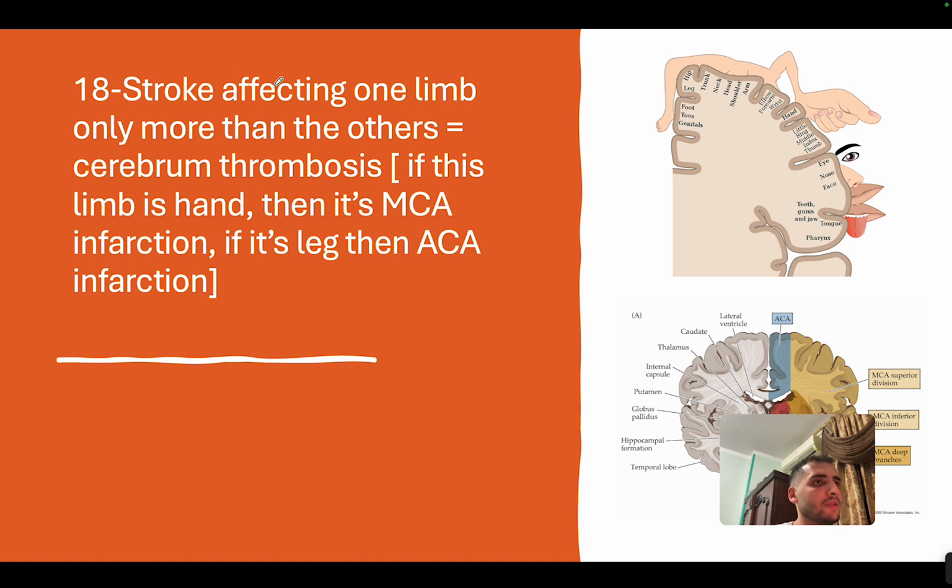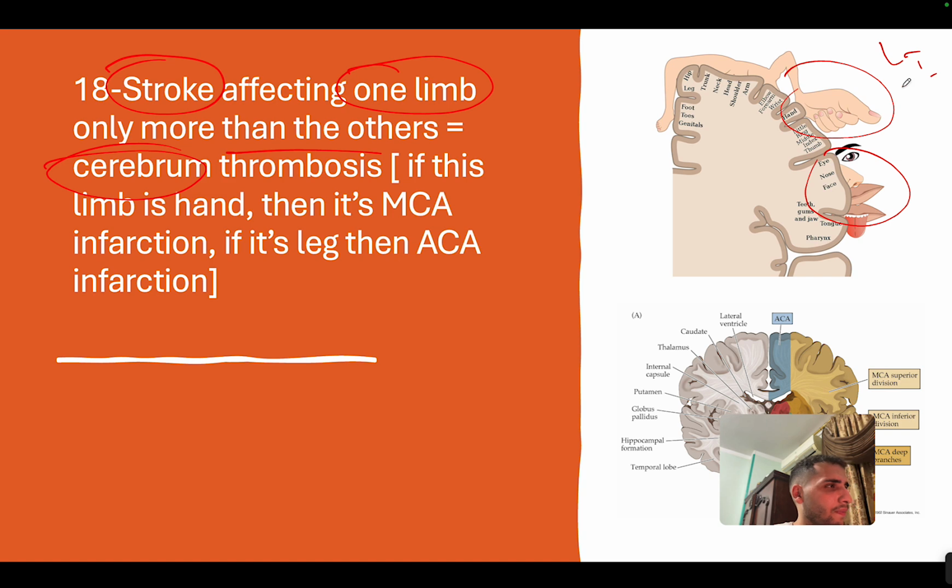The next concept is when you see a person having a stroke, and this stroke is affecting only one limb more than the other one, then you know that this stroke most probably happened in the cerebrum, okay? Because of the way the cerebrum is formed, this is the homunculus here, and usually the face and the arm are lateral in the brain, and the legs are medial, so they are inside.